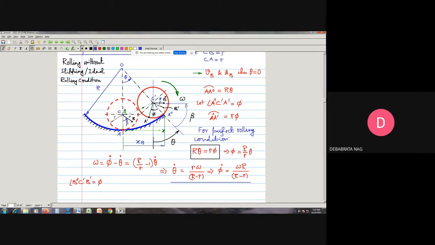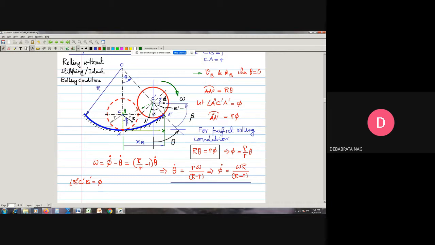Let us first find that this is going to be our XB, and what will be our YB dash? Not only does it have the X coordinate, it also has the Y coordinate. So for the Y coordinate, just take this line from here, and I will show it by means of a very thin line so as not to clutter the drawing much. You see this is the B dash position. Let us take this line from here, B dash.